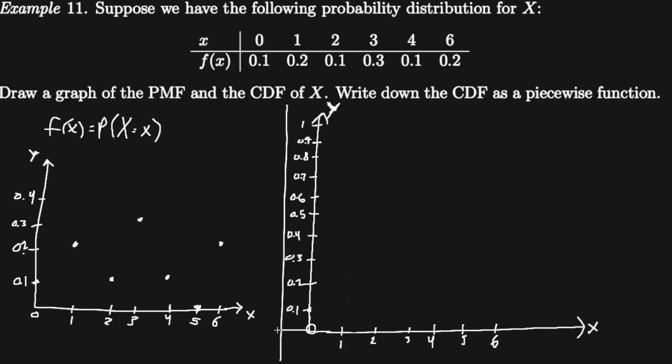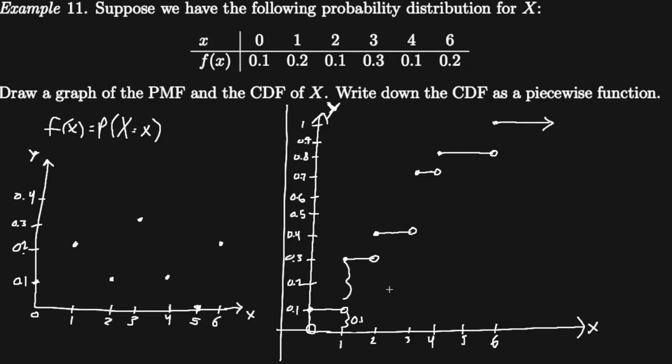So we would leave open that area. Notice how I'm having closed and open intervals. I will explain this shortly, but let me just graph it. So at 2 it would go up to 0.4, and then from 3 it would go to 0.7, close at 0.7. At 4 it would be 0.9, and then at 6 it would just be 1.